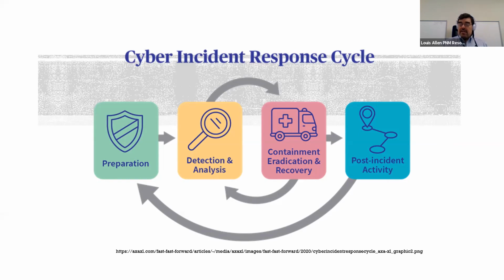The next step is identification. In the response cycle, it's shown as detection and analysis, which plays a role throughout most of the cycle. It's about recognizing a threat that may have been realized in the environment, collecting facts about that event, and analyzing it to assess whether or not this is an incident, firstly, then to assess impact, what type of threat it was or is, implications to the environment, and of course the containment status.